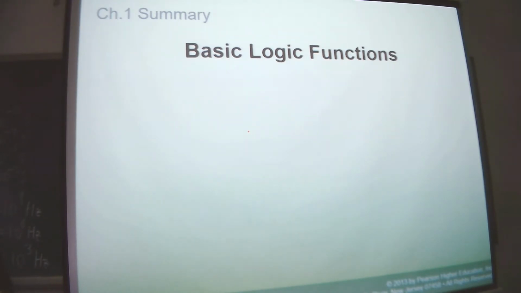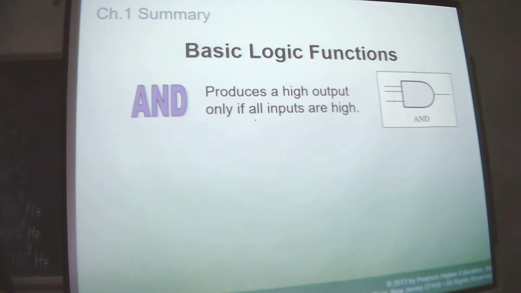Basic logic function. AND produces a high output only if all inputs are high.